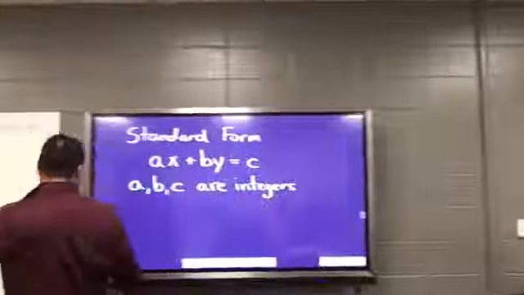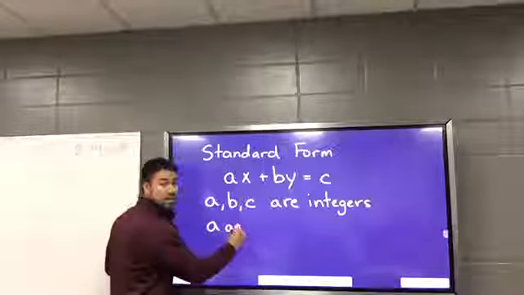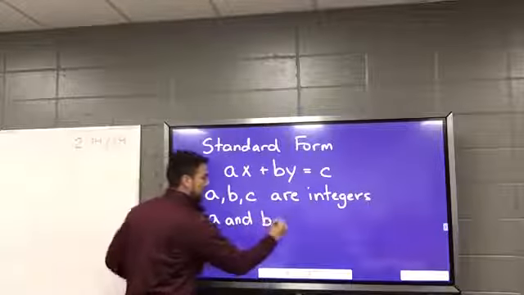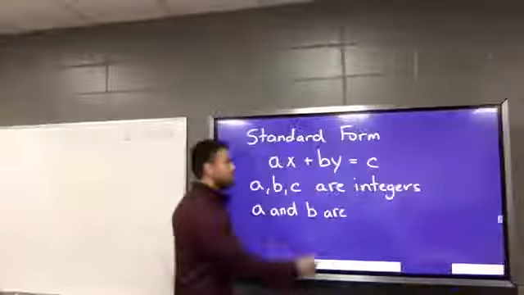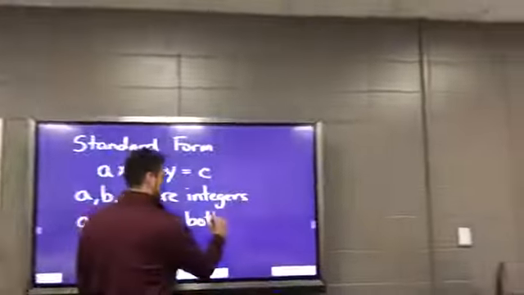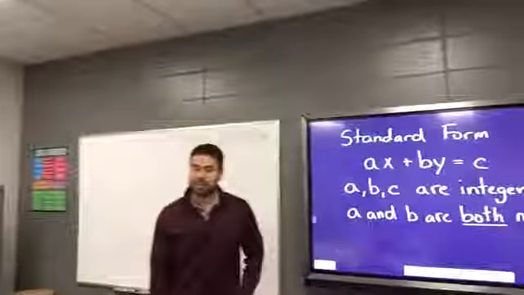And another thing here, super picky, by the way, on this form. A and B, and I have to write this with words because it's confusing if I don't, are both not 0. Does anyone know what that means?